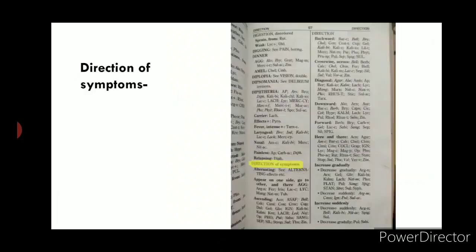Now we are going to see some very helpful rubrics of this repertory. The first thing, if the patient complains of some direction of pain or direction of complaints like going up or down, okay, the symptoms are traveling from one side to another side, so we have a separate rubric of direction of symptom.